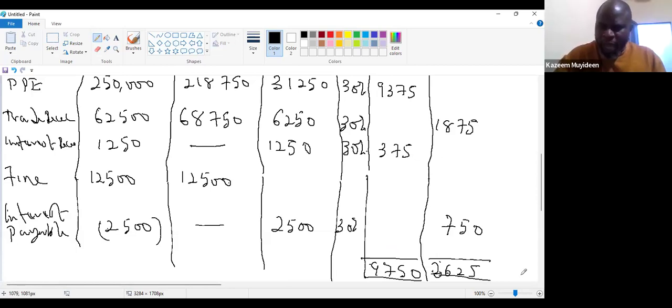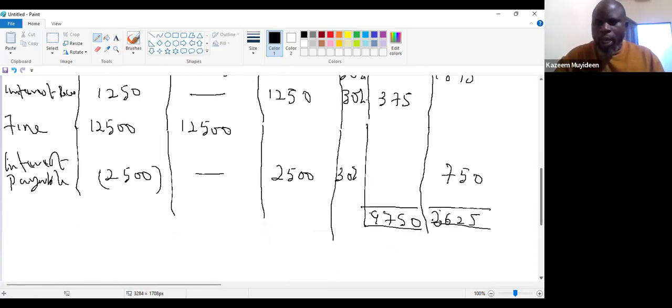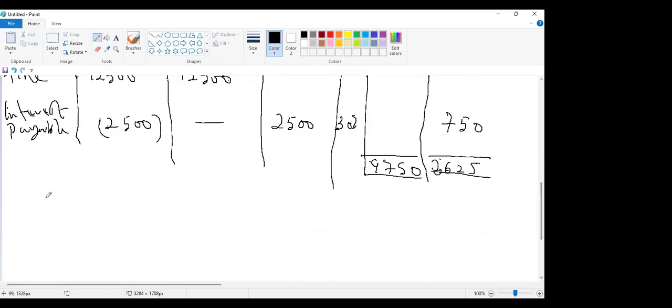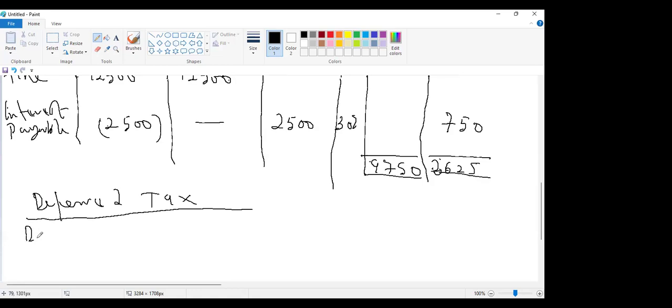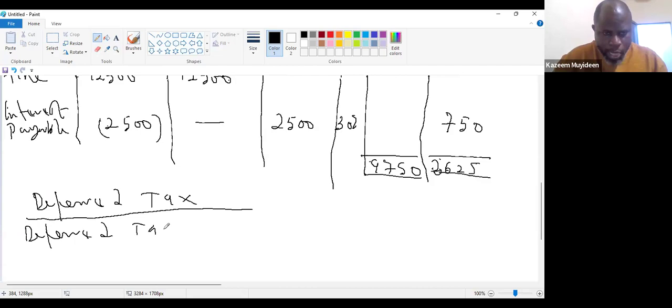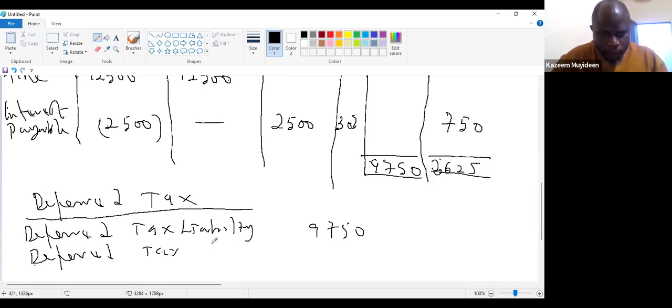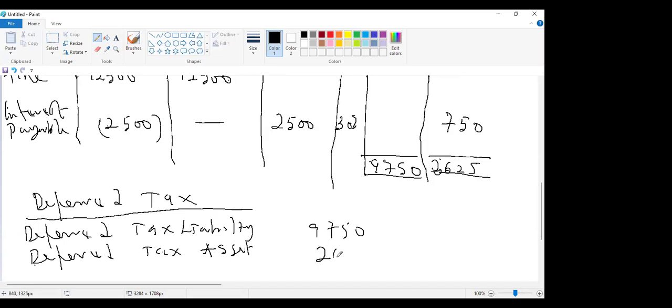Now, what will I do now? I will now say deferred tax, I will underline. Deferred tax liability 9,750. Deferred tax assets 2,625.